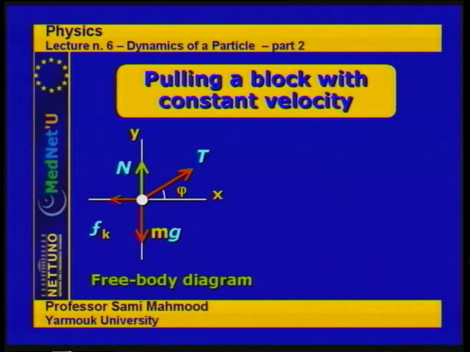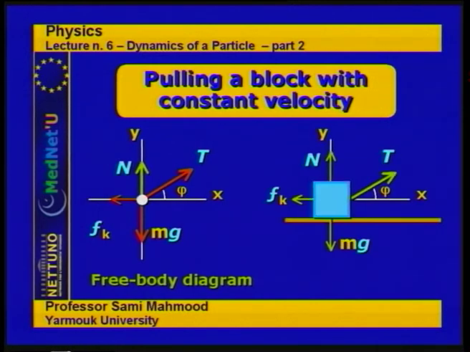Now, if we look at the free body diagram of the body being pulled with the force T, which makes an angle phi with the x direction, the other forces acting on this object are the normal force upward, the weight downward, and the kinetic friction in the direction of the negative x axis.